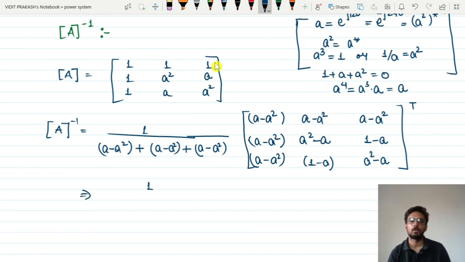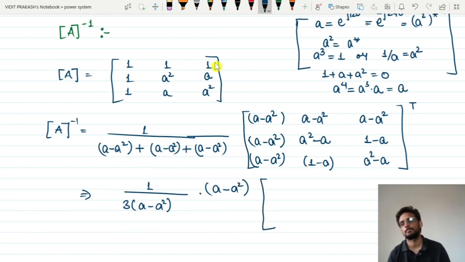So we will get 1 by 3 A minus A square into, I will take common A minus A square from the entire matrix. So we will get 1 1 1. Second row will be 1, A square minus A by A minus A square.